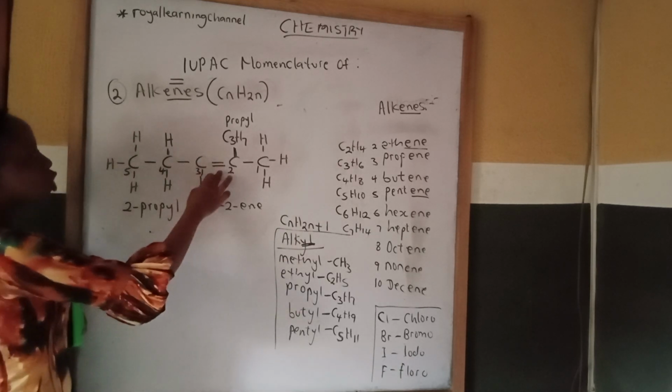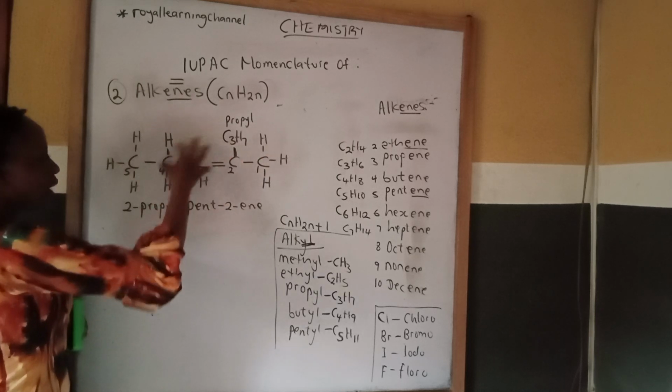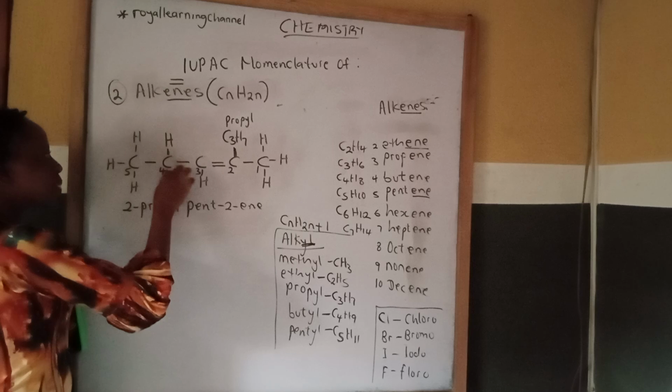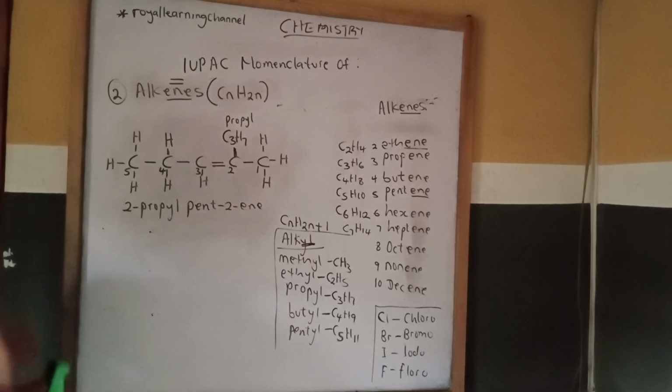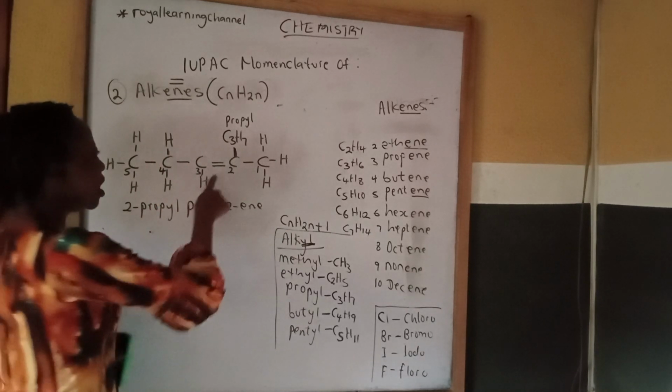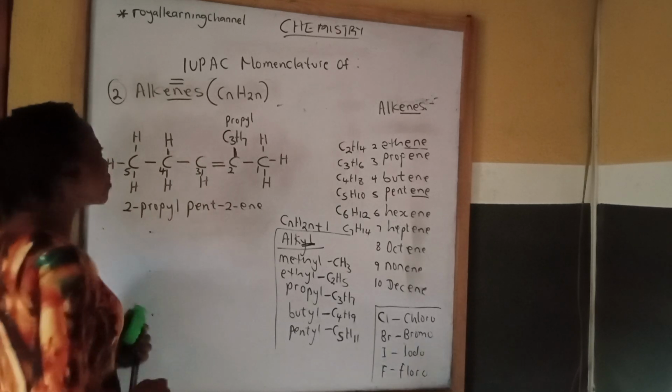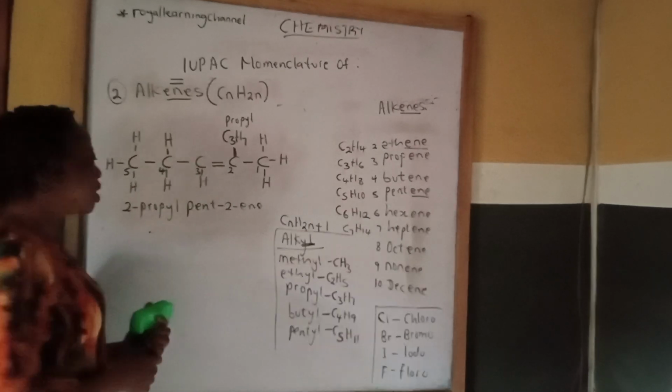If I change this structure, if I move my double bond to this place, let's see how we are going to name it. It will give us another name entirely.